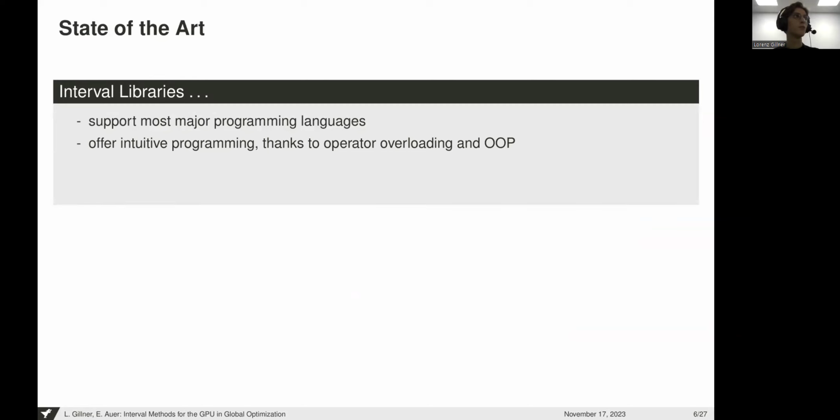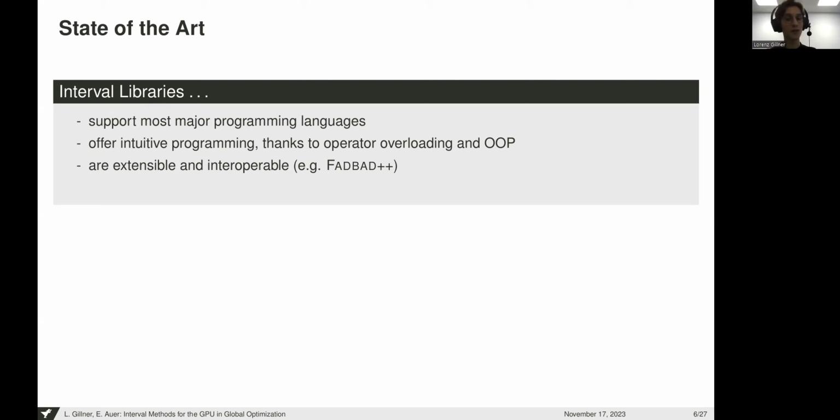And most of these libraries offer an intuitive way of programming, thanks to operator overloading and object-oriented programming, which allows the programmer to focus on describing their problem rather than on how to write intervals. But this is nothing new. Interval software has been around for quite some years now, and it is quite extensible.